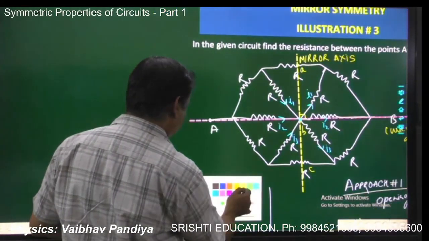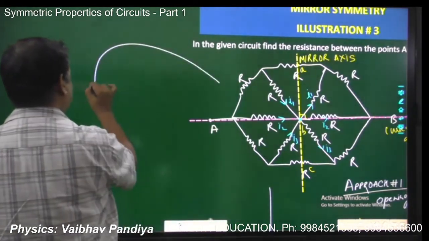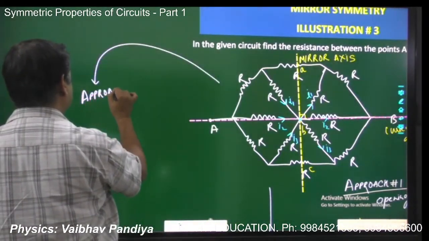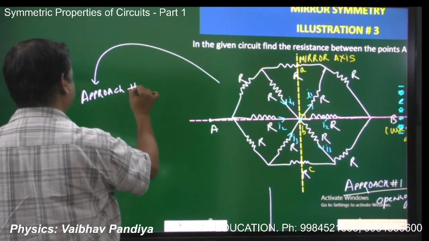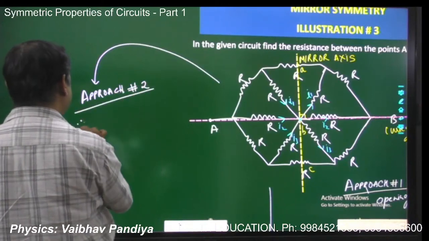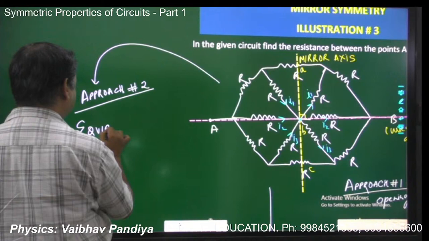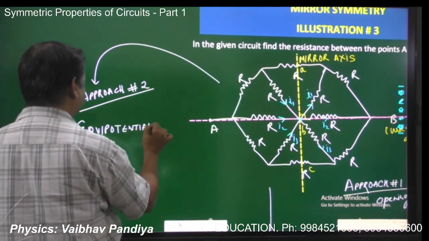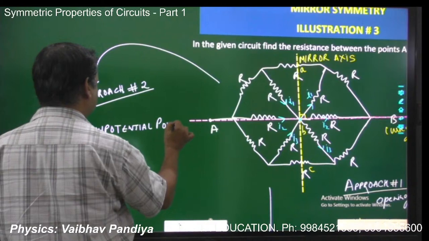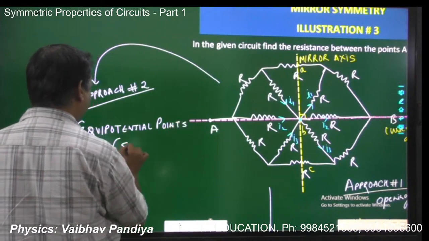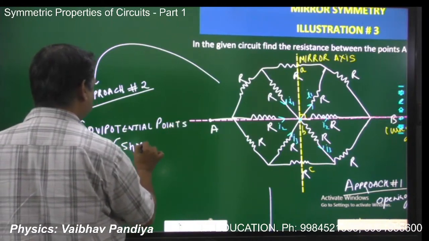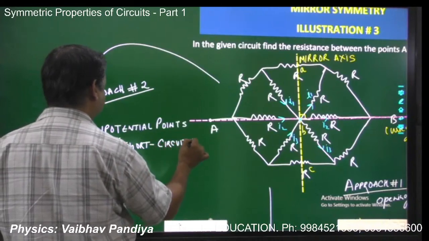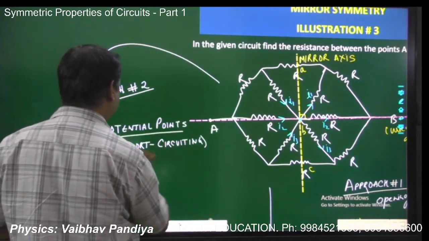So if I'm going for another approach, that is equipotential points. That is, I'm short circuiting the circuit.